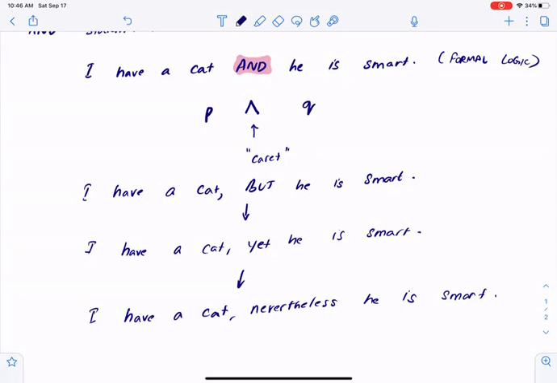But if you read the other statements, I'm trying to say the exact same thing, but I'm more focused on the listener. I'm more focused on the second person as to what they would think. So I'm expressing the same thing slightly in a different way. So the first one using and is formal logic. The others are equivalent, but used in English.